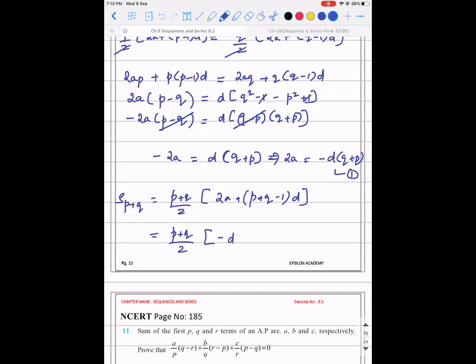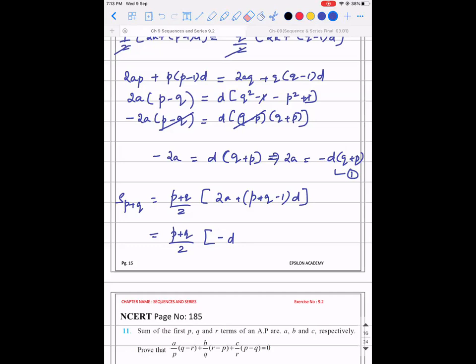Wouldn't it be minus 2a equal to minus d into (q plus p)? Which step are you saying? The third one, from where you cancel p minus q and q minus p.